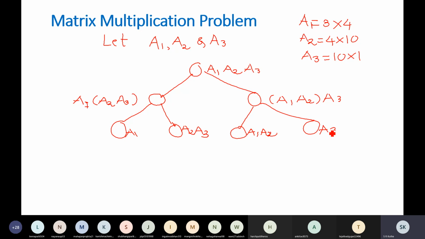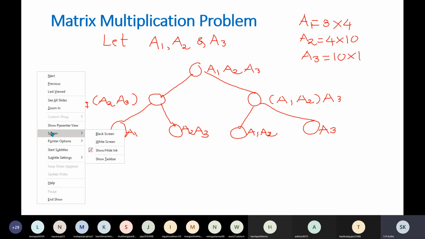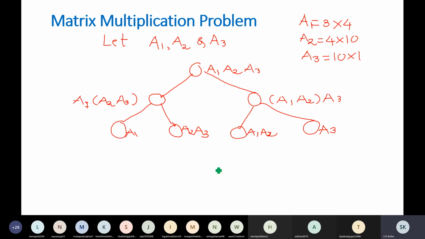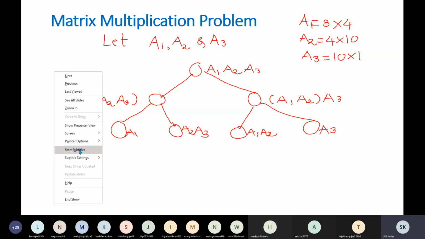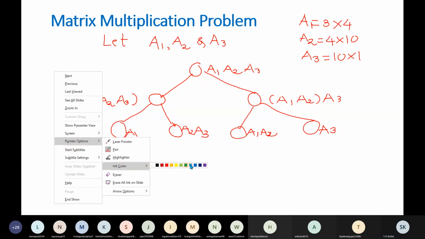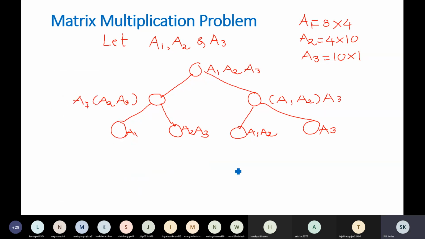So how many multiplications are required to get A1? A1 is directly given to you, so 0. No multiplication is needed.